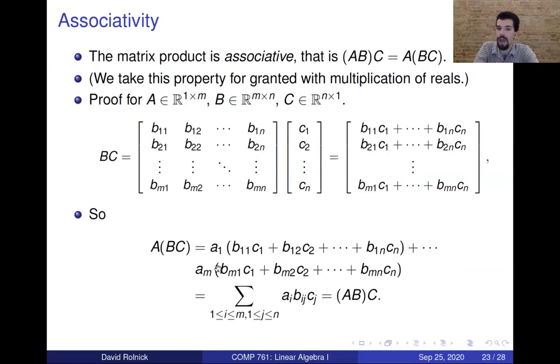And if we go into the details of that, we're just going to get the same thing out, which is, again, the sum of Ai, Bij, Cj, as i and j vary. So we see that A times BC is equal to AB times C. Cool. Are there questions?